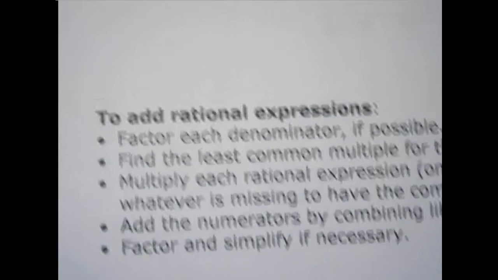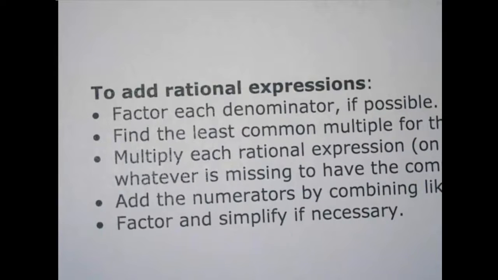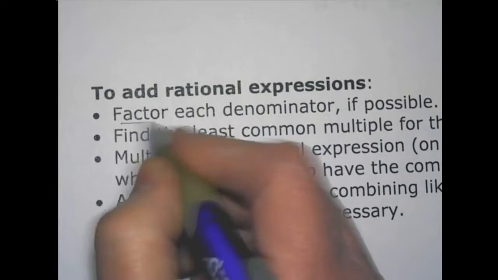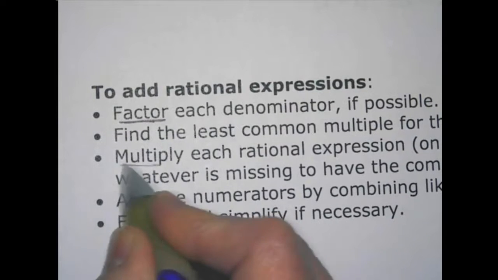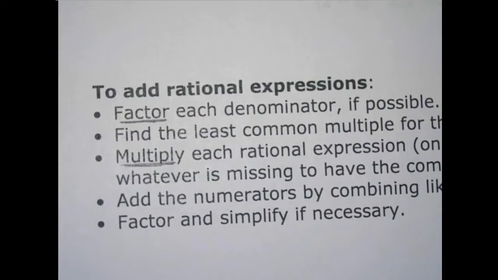Now, when I have expressions instead of numbers, I factor each denominator, and then I'm going to find the common denominator, multiply to make my new fractions, add the numerators, and always simplify.